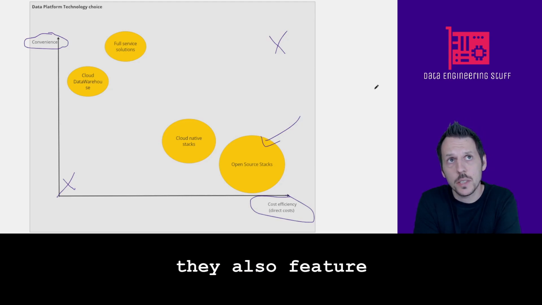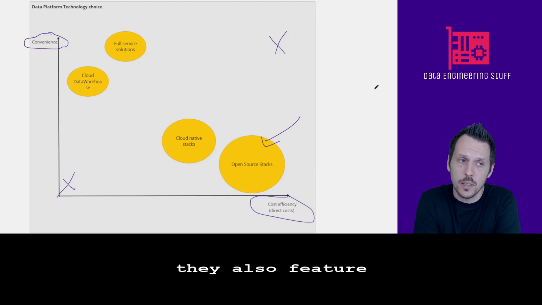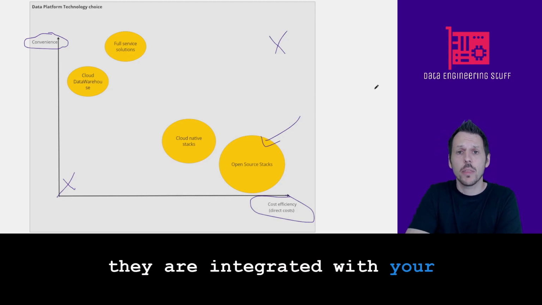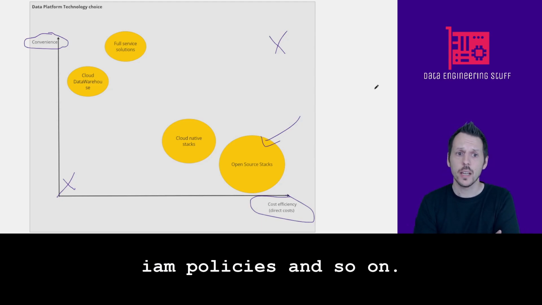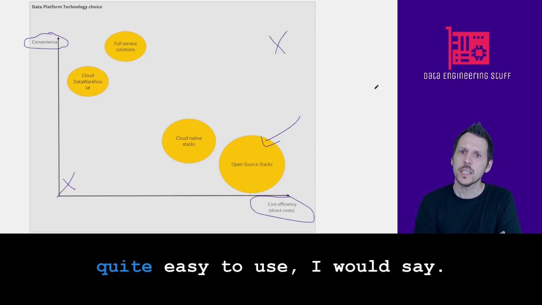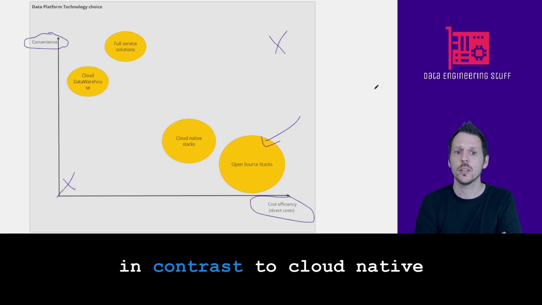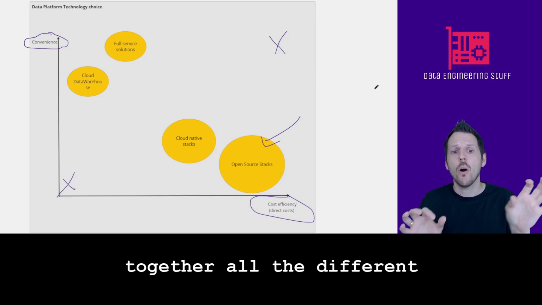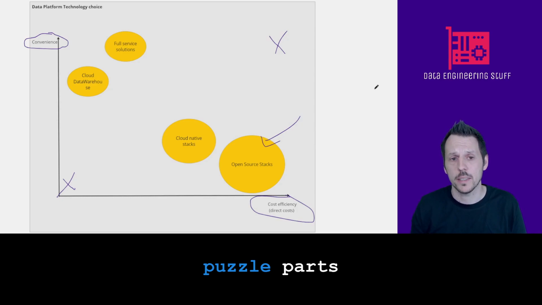They also feature job orchestration and stuff like that. They're integrated with your IAM policies and so on. So they're quite easy to use, I would say, in contrast to cloud native stacks where you have to stick together all the different puzzle parts.